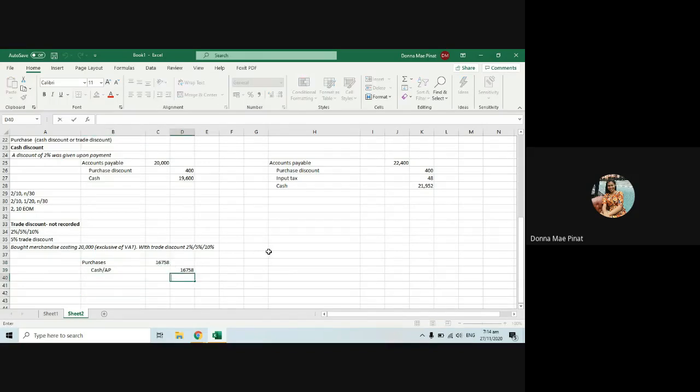Now, how about kung VAT siya? Purchases, input tax.